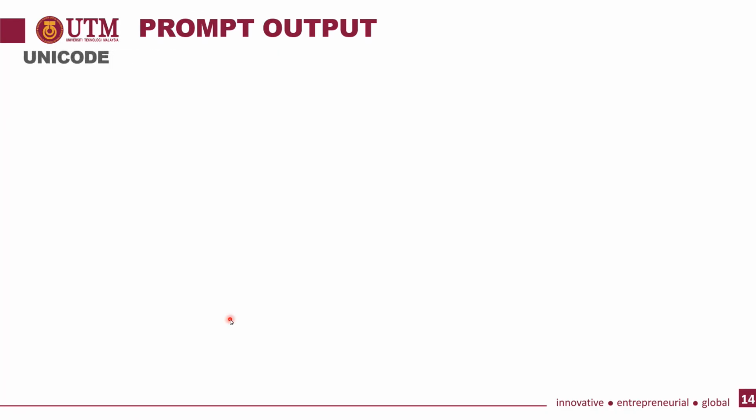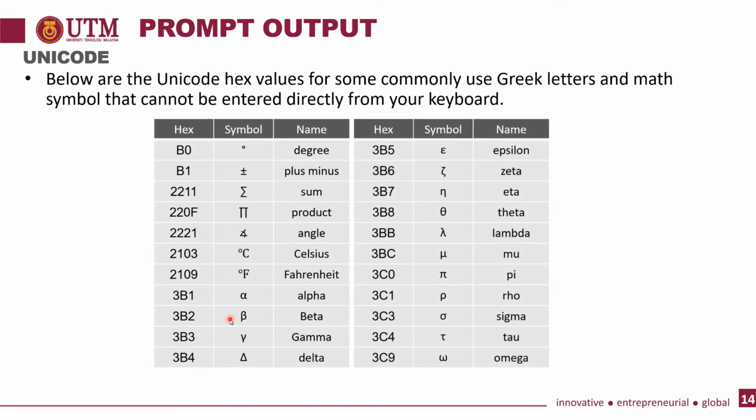So next is the Unicode. Unicode is a part of the special characters inside MATLAB when we are displaying the output. Below are the Unicode hex values for some commonly used Greek letters and math symbols that cannot be entered directly from your keyboard. You can see here some of the hexadecimal codes.